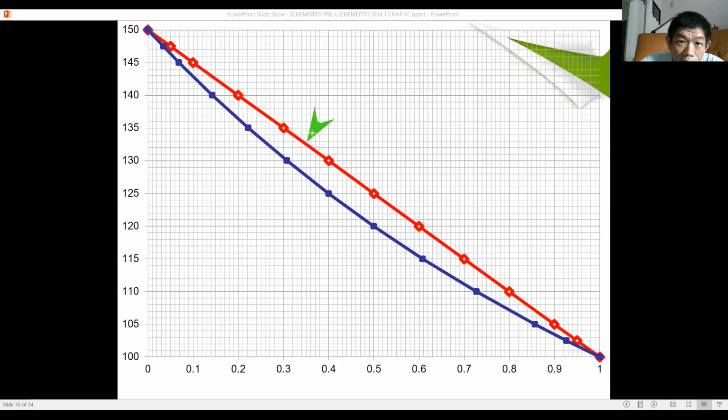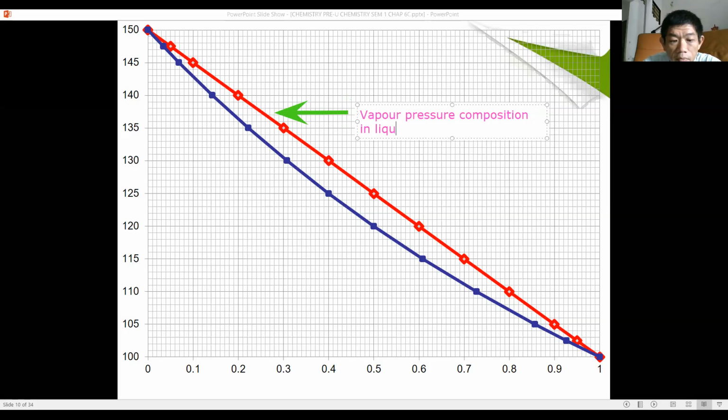This red line represents the vapor pressure composition in liquid state, whereas this blue line here represents the vapor pressure composition in gaseous state.